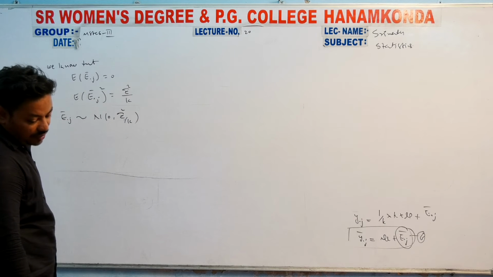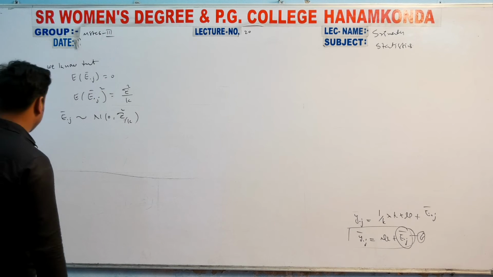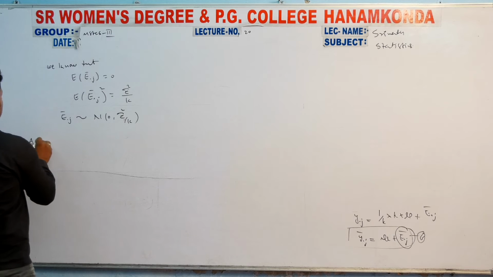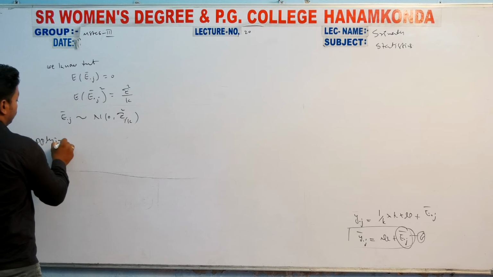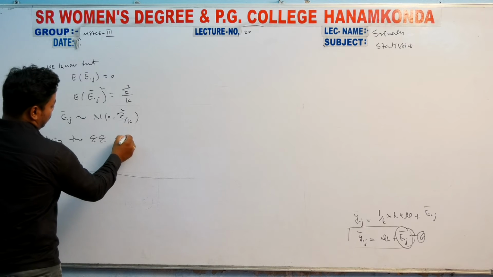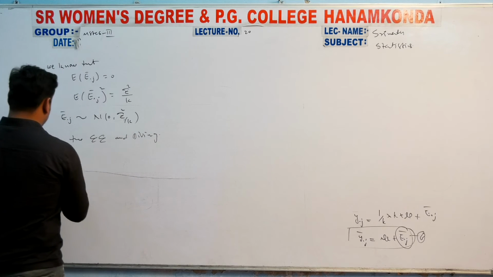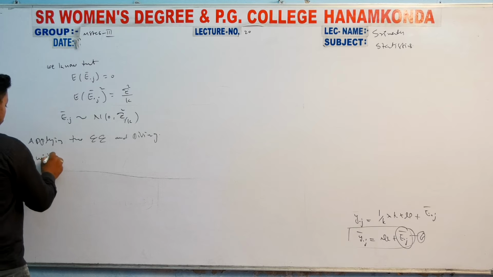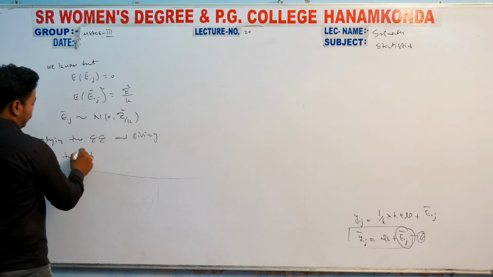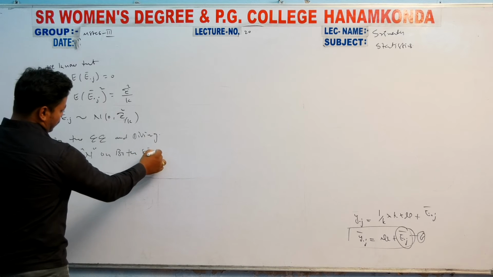Applying the double summation over the i and j and dividing with the capital N on both sides.